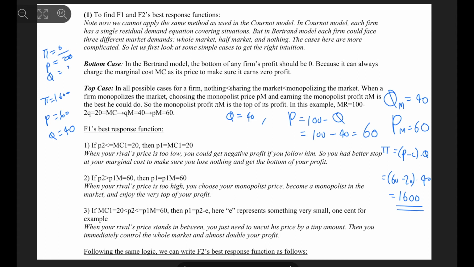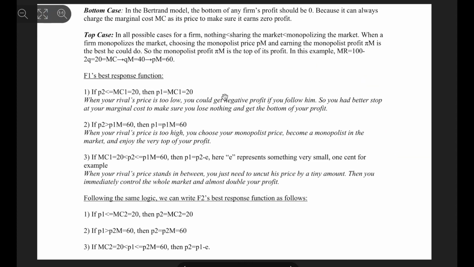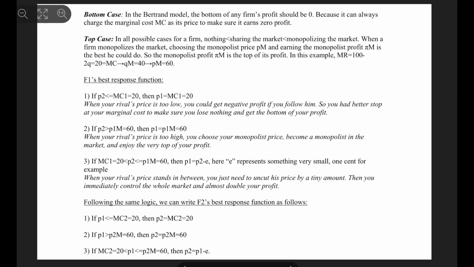Okay, so let's look at the functions. So if price of firm 2, right? So I'm gonna rewrite it. If P2 is smaller or equal to the marginal cost of firm 1, that is 20, right?